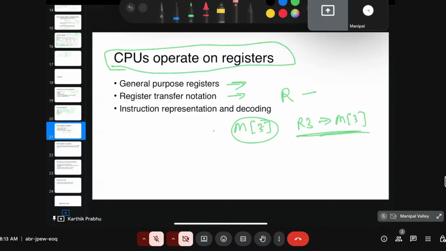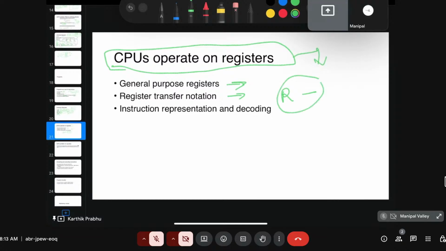Now, like we have always discussed, CPUs operate on registers. So how will the CPU access the instruction? Instruction also is in memory. So how does the CPU access the instruction which is in memory and operate on it, or decode it, as we would say? Why would a CPU need to decode an instruction first of all?